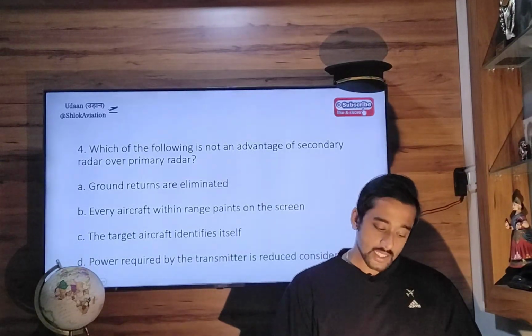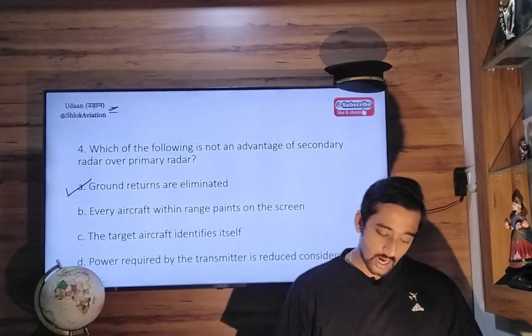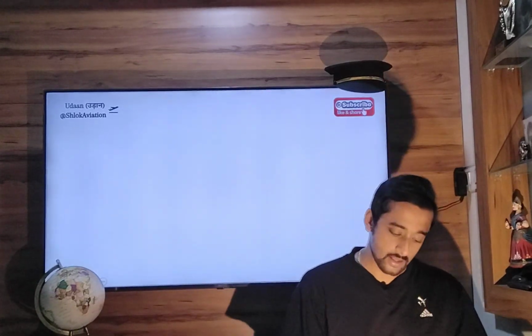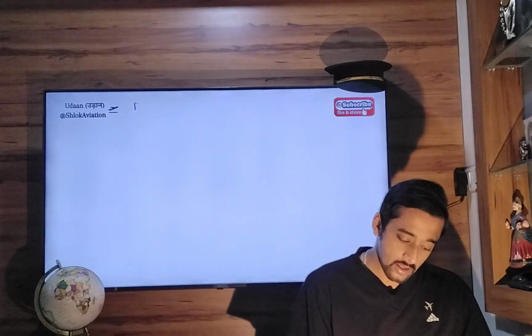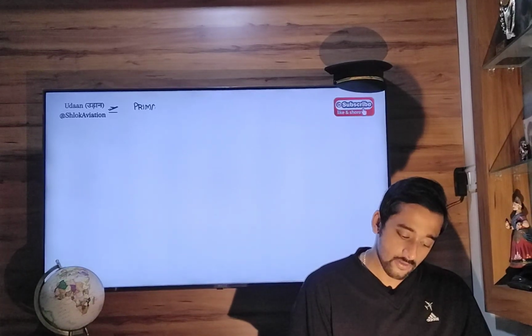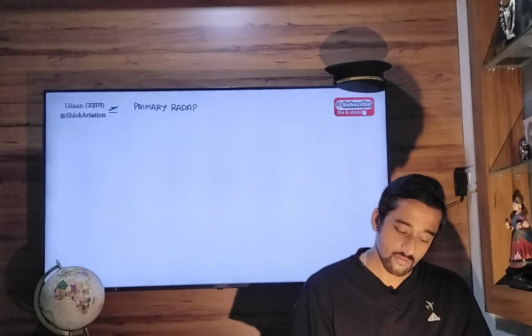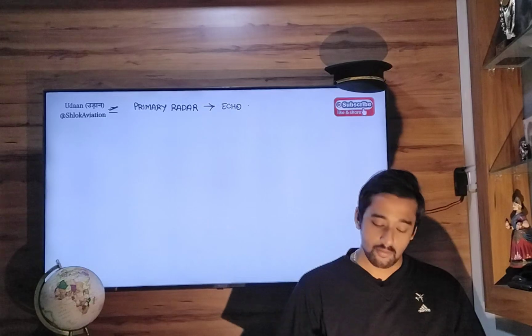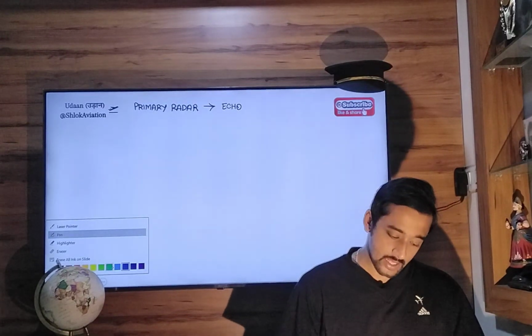So, ground returns are eliminated, yes. Now, what are ground returns? Primary radar makes the use of the echo principle in its operation, meaning there will be aircraft in the atmosphere.